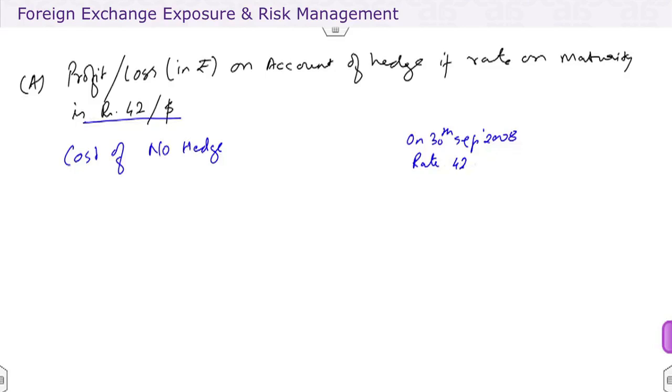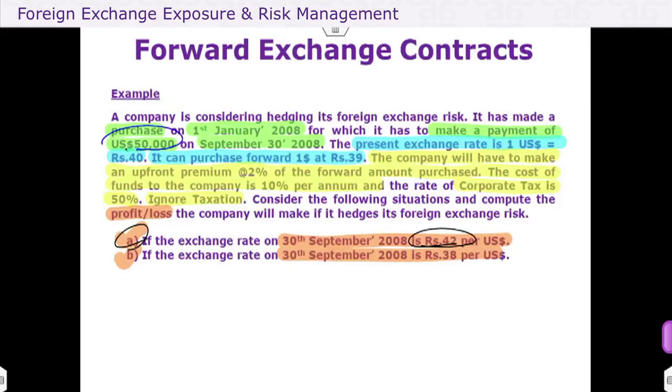If he has to make a payment of USD, how much in this question? The payment was for 50,000.